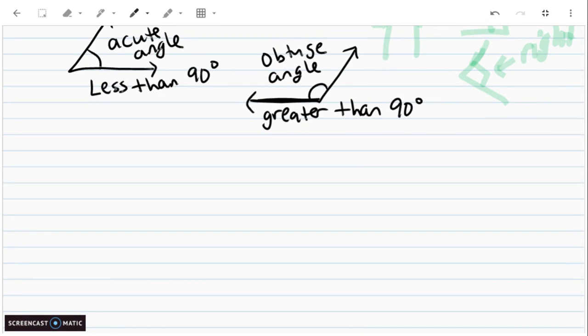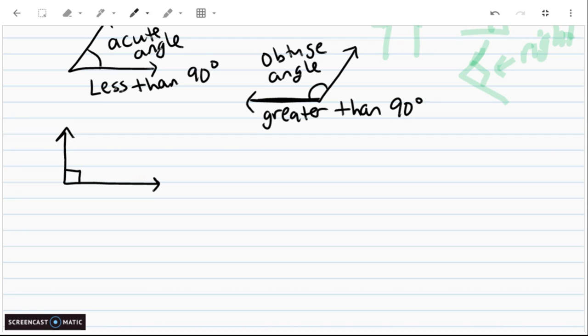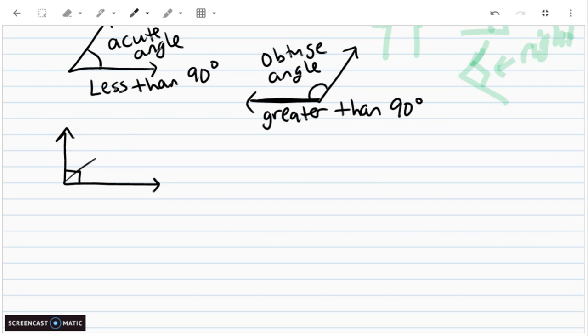In the warm-up that we did in class on Tuesday and Wednesday, I gave you a picture like this, and this was your right angle. And I asked you, okay, so I'm going to take this right angle, I'm going to divide it, and if I know this is 32 degrees, then I want to know what is x.